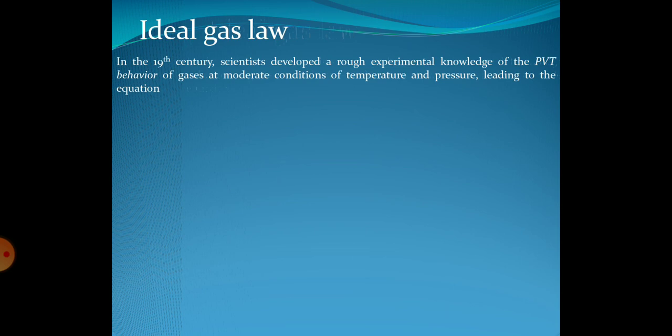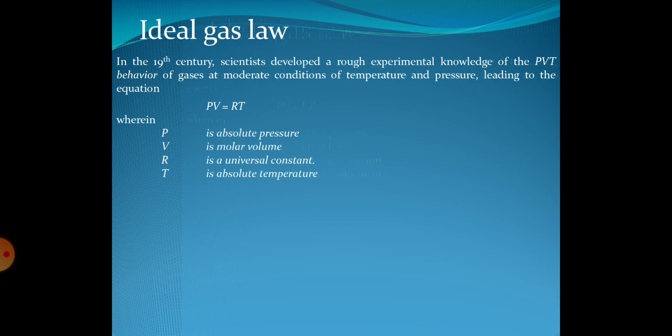We get the equation applicable for ideal gas, that is PV is equal to RT, wherein P is absolute pressure, V is molar volume, R is a universal constant, T is absolute temperature.